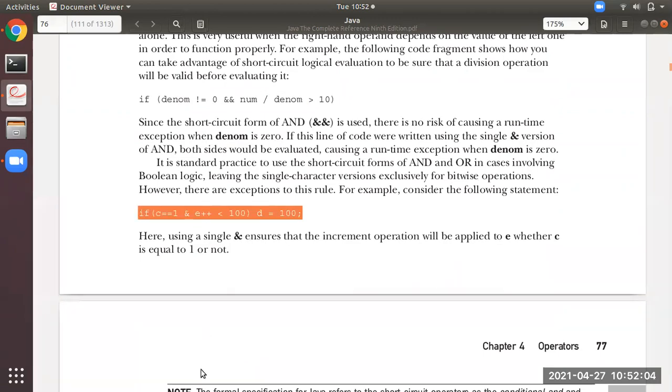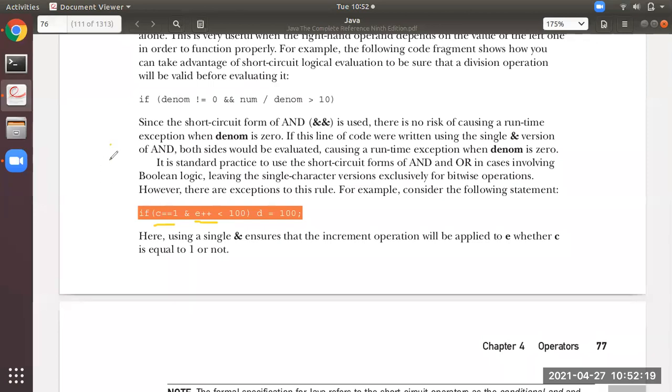Now, the next thing, please observe this example. There are two expressions over here. Suppose C is 1.